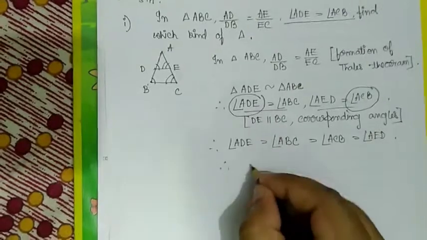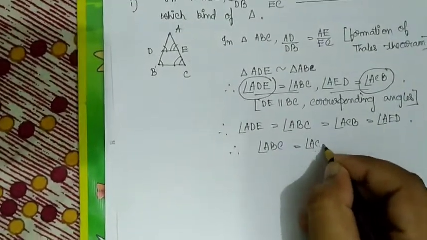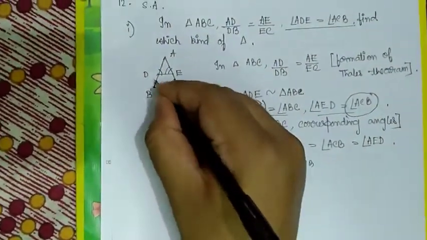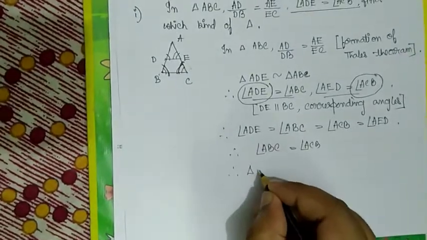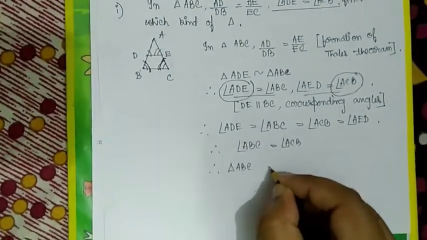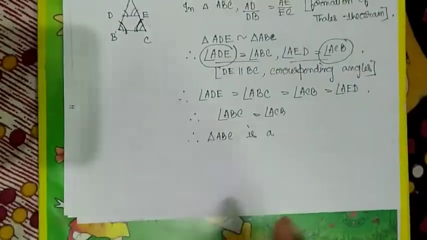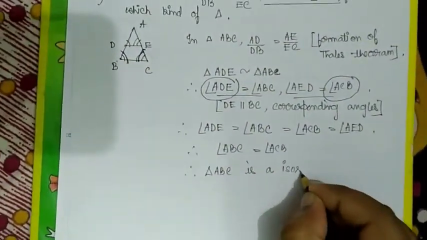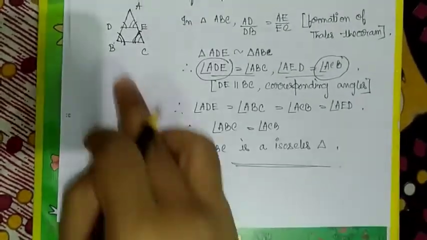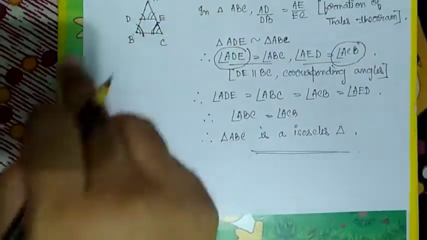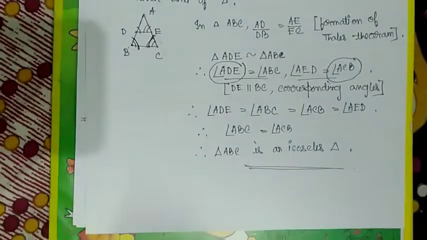Therefore angle ABC equal to angle ACB. These two angles are equal, so triangle ABC is an isosceles triangle. So here the answer to what kind of triangle is triangle ABC: triangle ABC is an isosceles triangle.